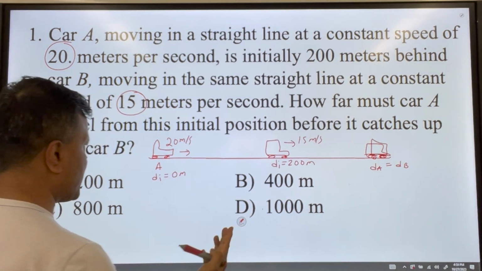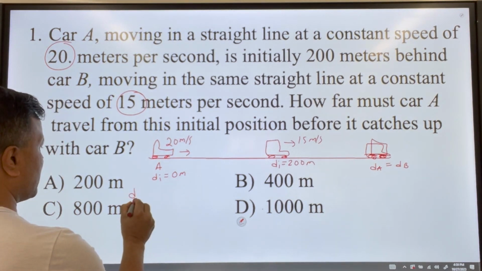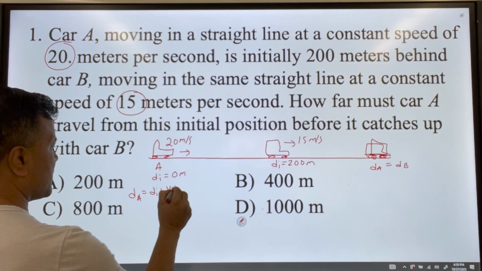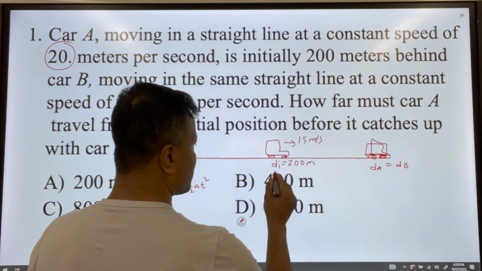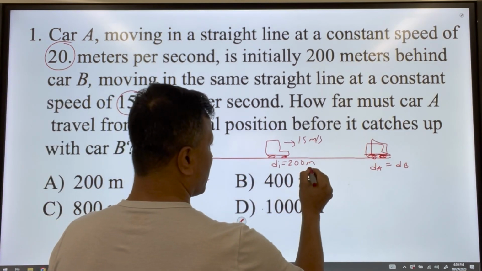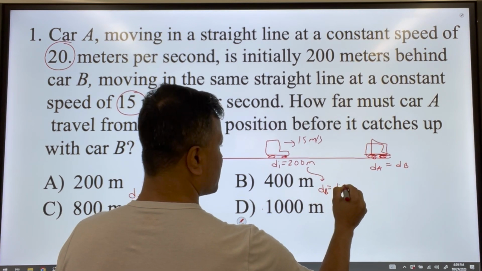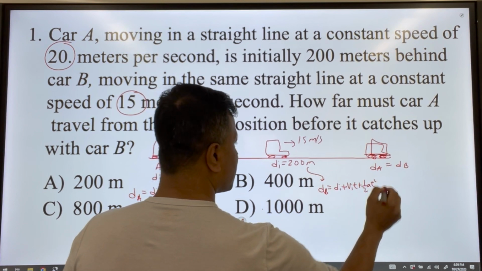So from page number 6 of the reference table, we know the equation dA is equal to DI plus VIT plus half AT squared. And for car B, we're going to use the same thing: dB is equal to DI plus VIT plus half AT squared, right?